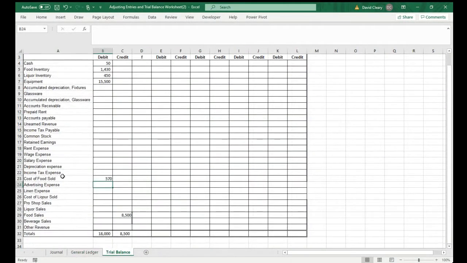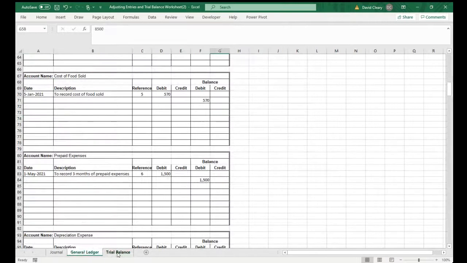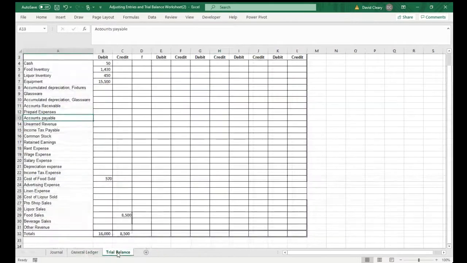So prepaid expenses, where are you? We'll put it under prepaid rent. I'm just going to change it to prepaid expenses. There we go. And how much was it? 1,500. There we go.